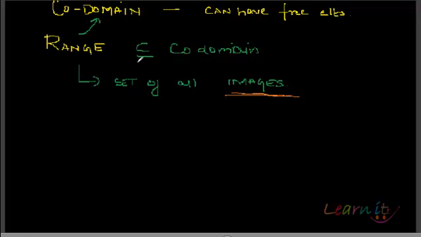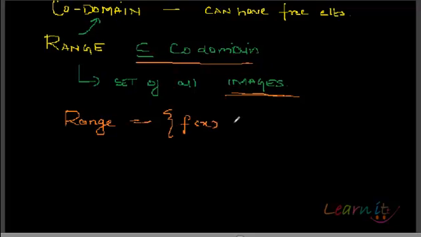Now you can write it in the set formulation. So writing it in the set formulation, we can write that R, or range, equals the set of all f(x)'s such that x is in the domain. x belongs to A, which is your domain.